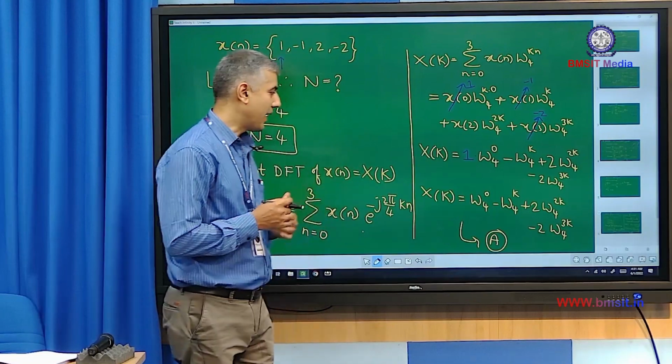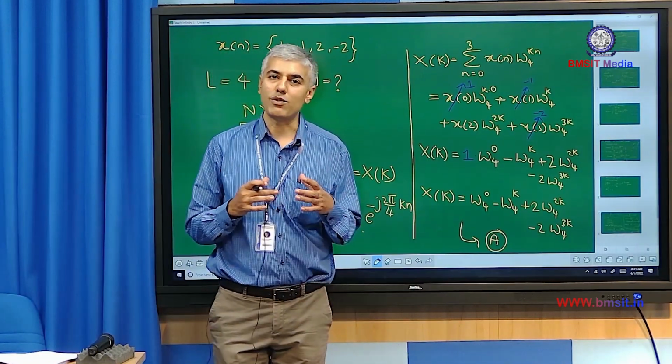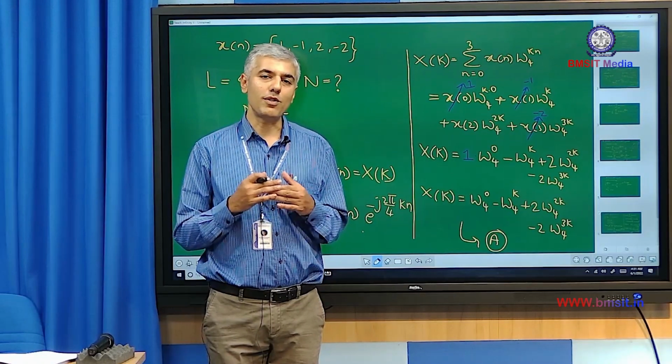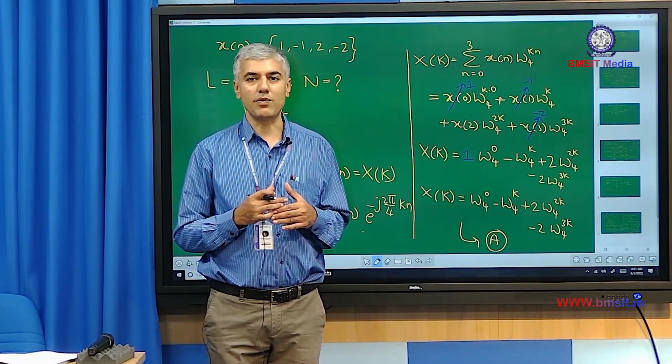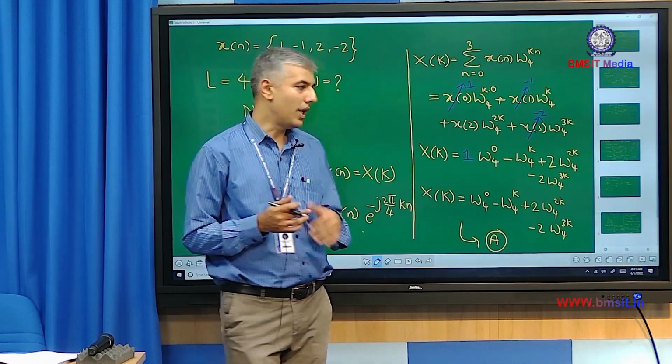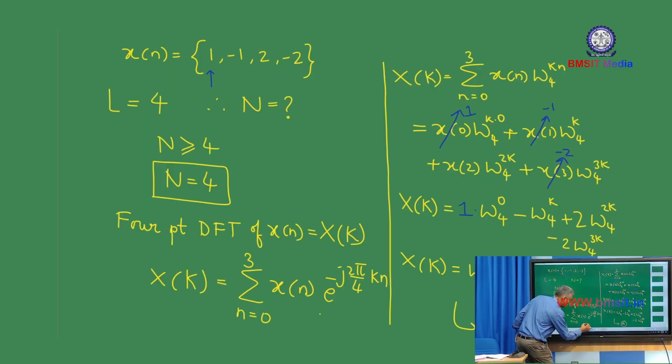What is the range of k, and accordingly the values will change. Previously, the range of k is also from 0 to N minus 1. Here I have considered N equal to 4. Therefore, k will also range from 0 to 3.